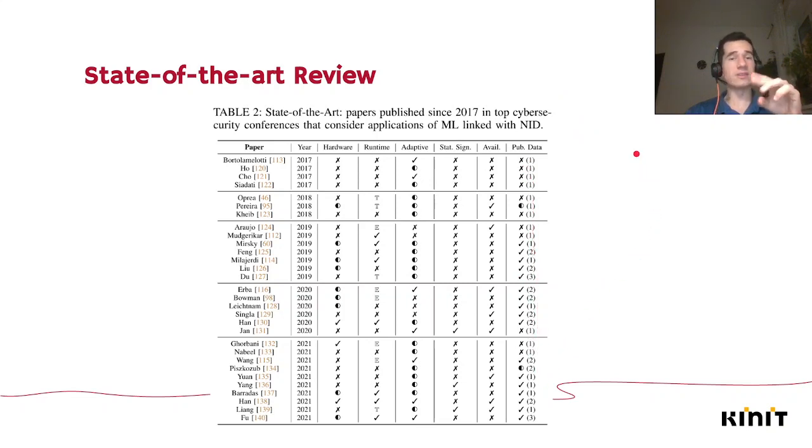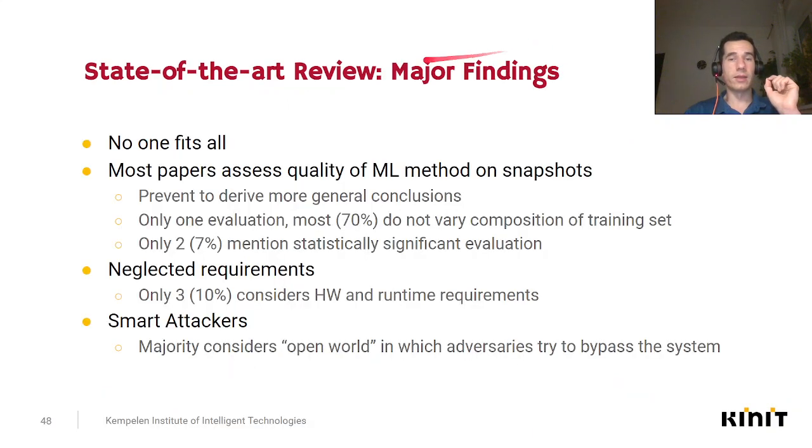As we can see, even the state of the art does not often provide a sufficient amount of information for practitioners to gauge the value of the machine learning solution. So what are the major findings? No study fits all requirements.